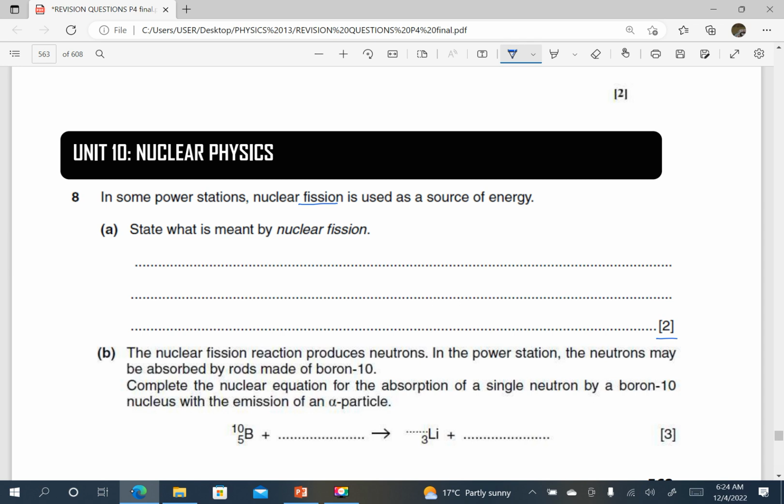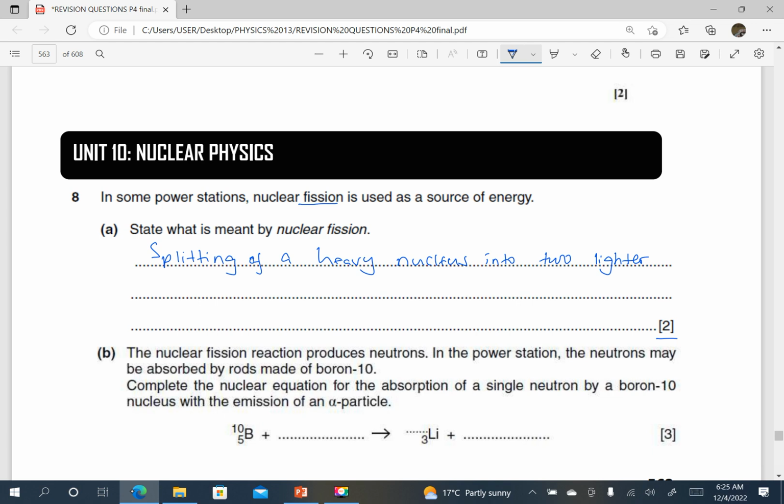Of course, I said fission is splitting. So nuclear fission is the splitting of a heavy nucleus into two lighter nuclei.